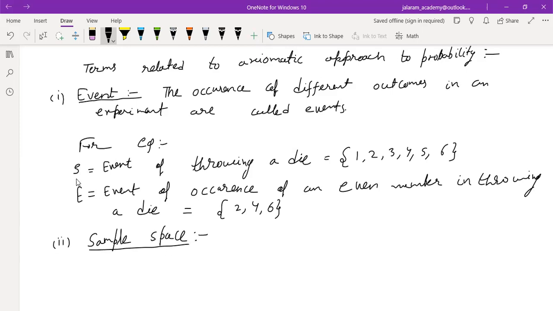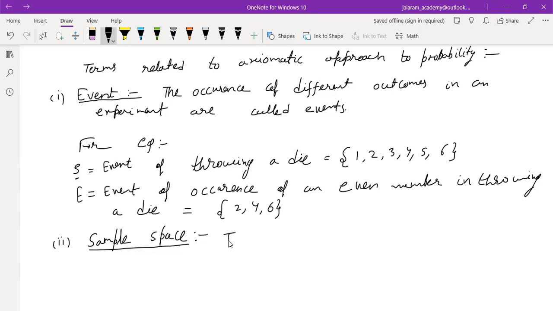Sample space, this I have written S. Sample space is the set of all possible outcomes associated with a random experiment. Understood?